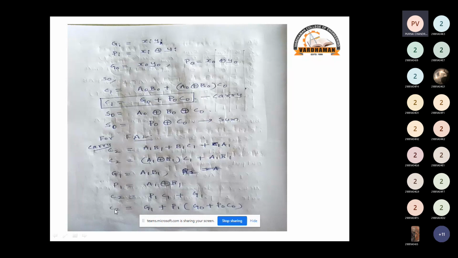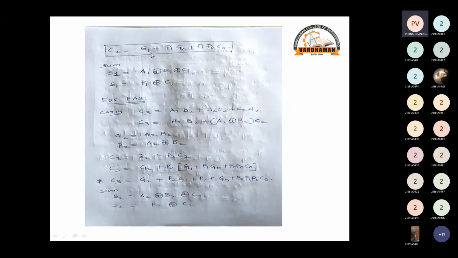In place of C1, substitute G0 plus P0 C0: G1 plus P1 into G0 plus P0 C0. Now expand. C2 is equal to G1 plus P1 G0 plus P1 P0 C0. This is the carry expression for the second full adder.